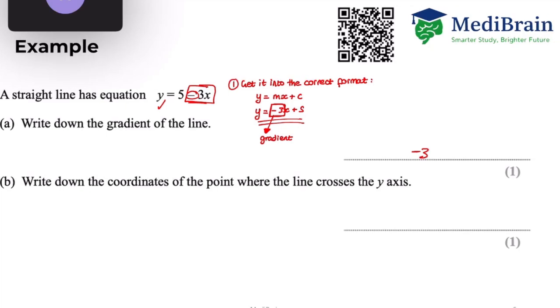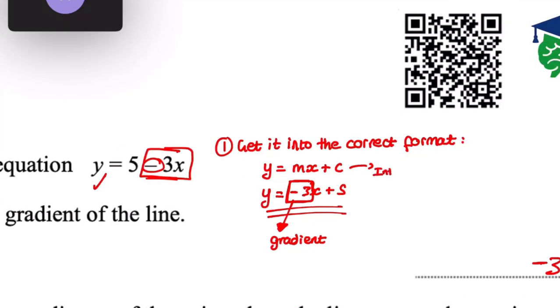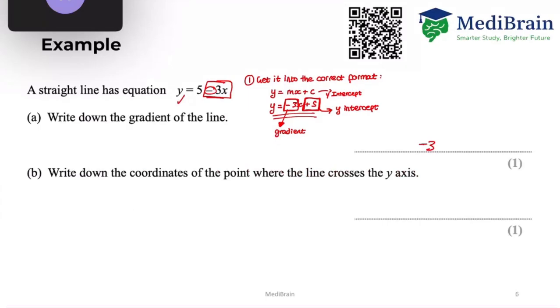Okay, so if we have a look at this, we know that C is the y-intercept. So we just need to find C in this. So we have y equals minus 3x plus 5. So we know that the number which is by itself is going to be the y-intercept. So this over here is our y-intercept. That's the place that it crosses the y-axis.